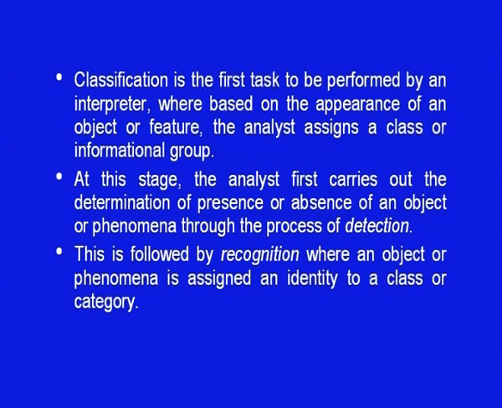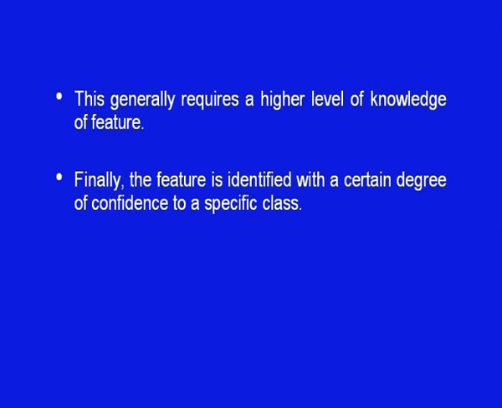This is followed by recognition, where an object or phenomena is assigned an identity to a class or category. This generally requires a higher level of knowledge of the feature. Finally, the feature is identified with a certain degree of confidence to a specific class. This process is known as identification.